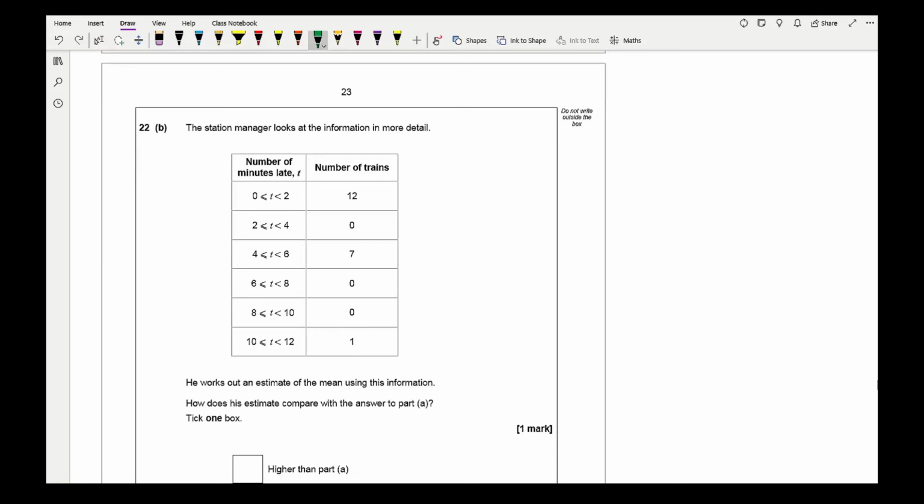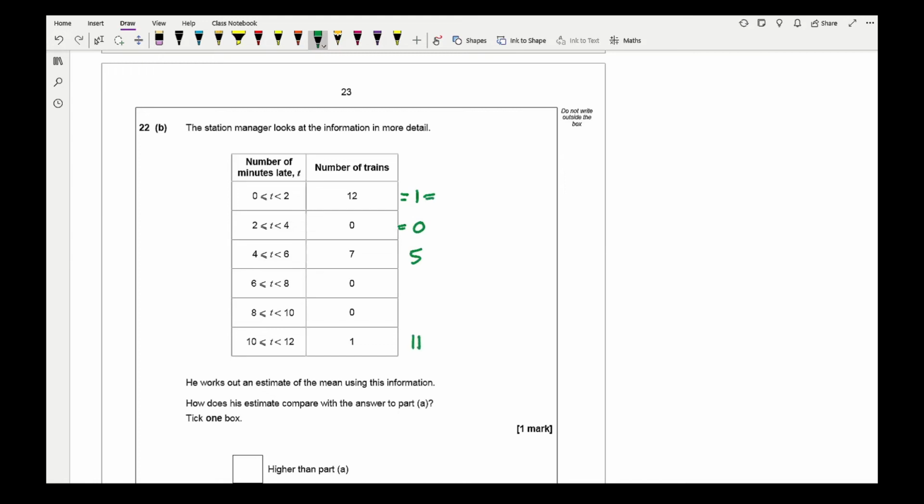Now, working in terms of the midpoints, we can see that it's going to be 1, that's going to be 0, that's going to be 5, and this is going to be 11.